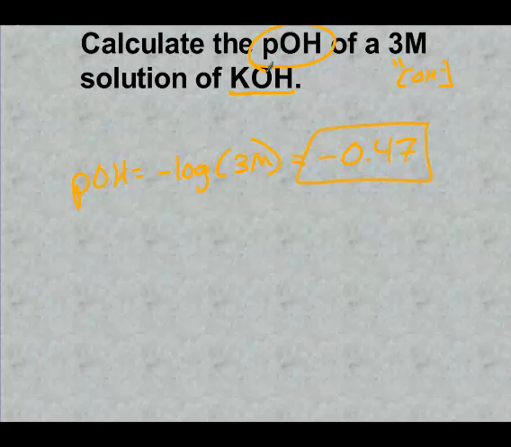But if it wanted pH, then I would do 14 minus negative 0.47, which would give me a pH of 14.47. Because this is an extremely concentrated solution, as in over 1 molarity, my pOH is negative and my pH is above 14.